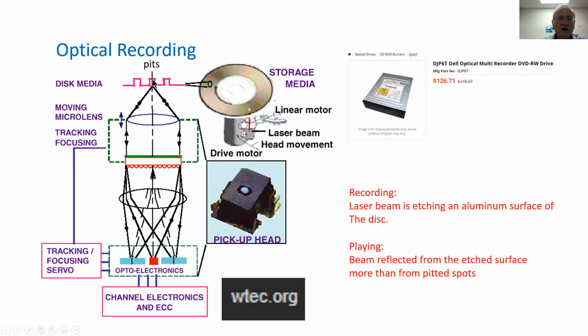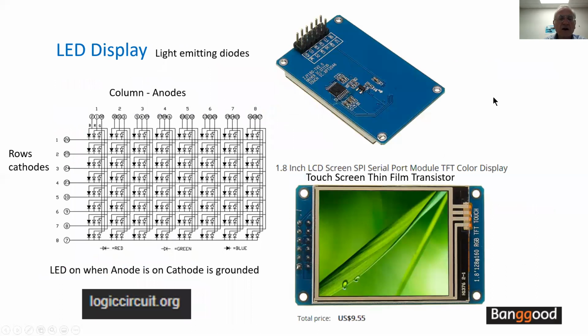It could be a 1 and 0, and when we play it back, the reflectivity of this surface is very high. So the sensing device is going to read the reflected beam when it is hitting the surface, but it is not going to read the reflected beam when it hits the pit. That's the principle of optical recording.